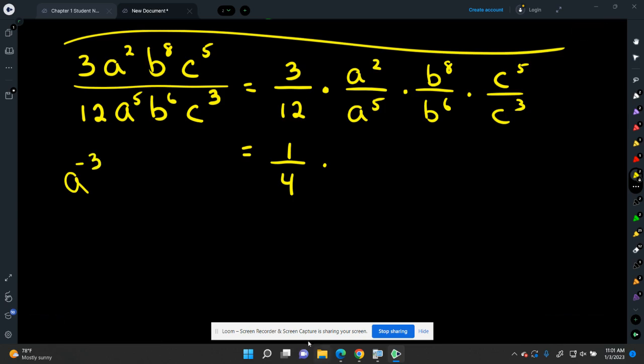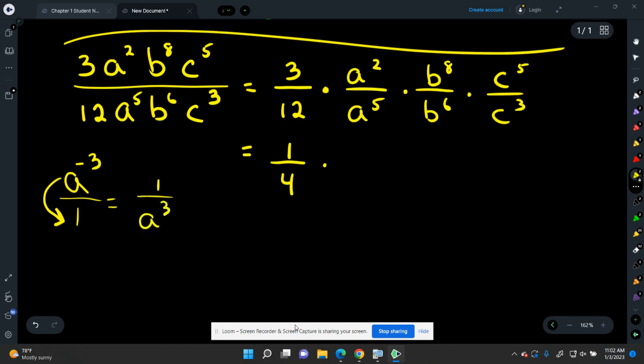Now I don't want a negative exponent. When you have a negative exponent, this is over 1, right? You make it positive by moving it. It's on top, so I'm going to move it to the bottom. So this becomes 1 over a to the positive 3.